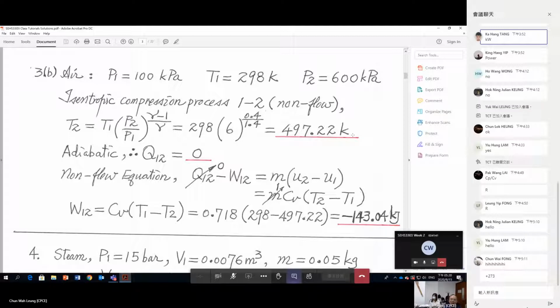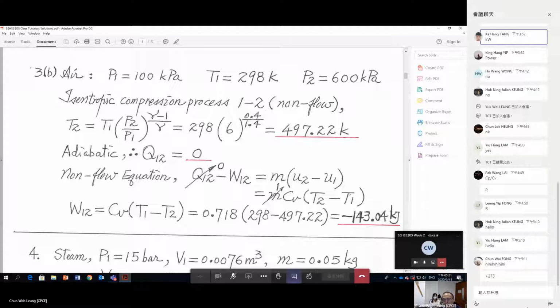Why? I changed from T2 minus T1 to T1 minus T2 because we have a negative sign before the W12. Okay? So therefore, take this negative sign to the right side and reverse the position. So I know T1, I know T2, I know CV. So therefore, I can work out what is the work done.